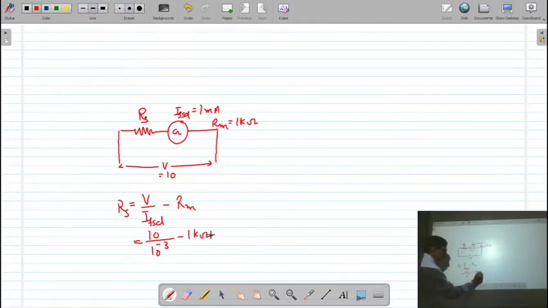So my calculated value of Rs comes up to be 9 kilo ohm. It means if I connect a resistance of 9 kilo ohm, then this galvanometer is converted to the range of 10 volt DC.